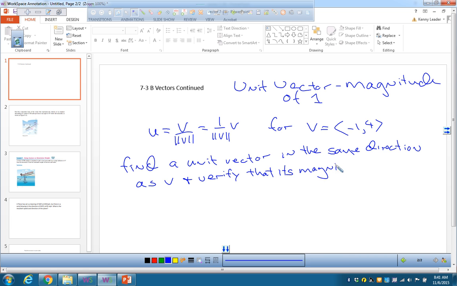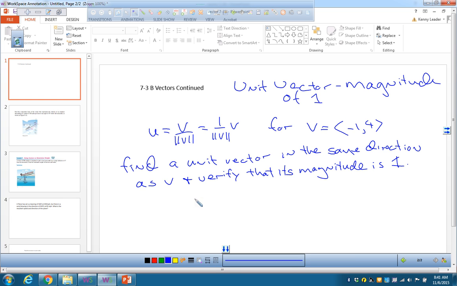Does u equal unit vector? Yeah, in that case, the u stands for a unit vector. Magnitude is 1. So the way you would do that, you just take the vector itself and divide by its magnitude.